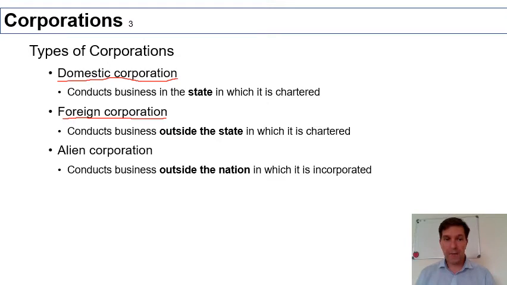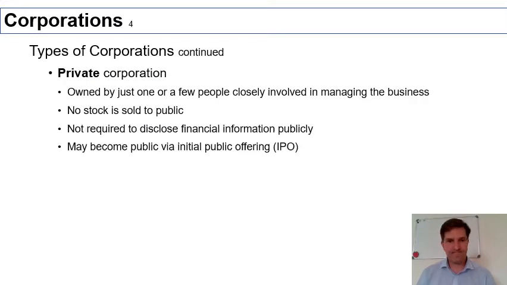And finally, an alien corporation is a corporation that operates outside of the nation in which it was incorporated, which in this case is the United States, right? So if you start selling something in Canada, for example, and you were chartered in Virginia, now you are considered an alien corporation.